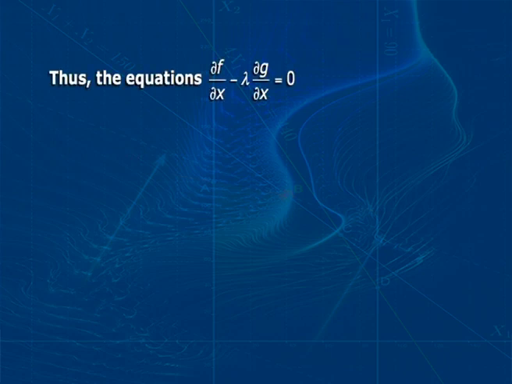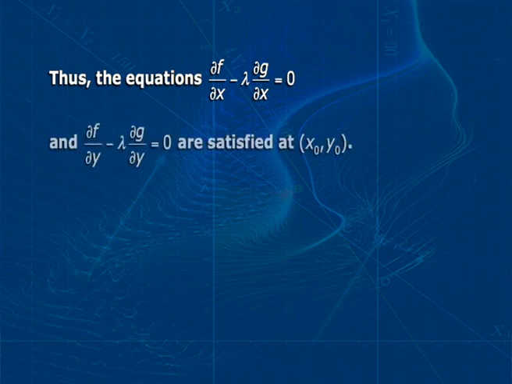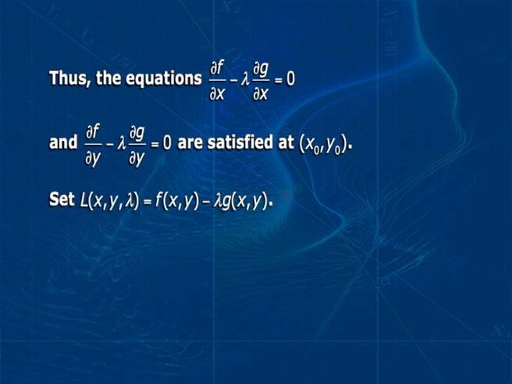Thus, the equations del f over del x minus lambda del g over del x equal to 0 and del f over del y minus lambda del g over del y equal to 0 are satisfied at (x0, y0).